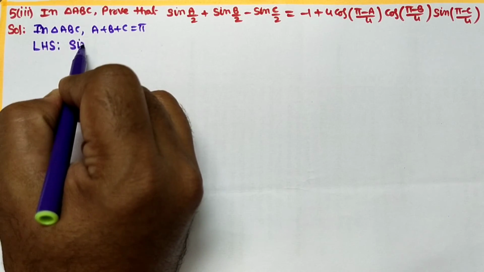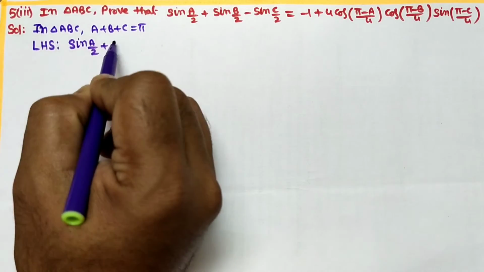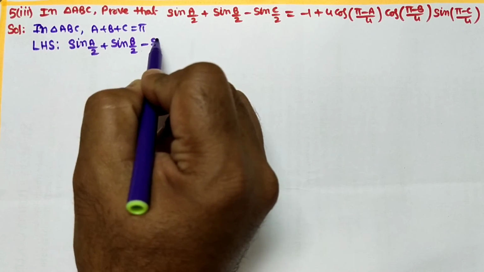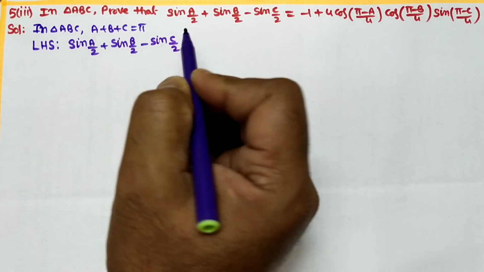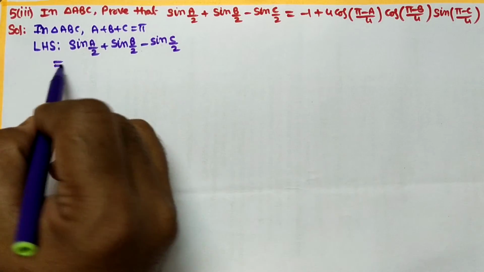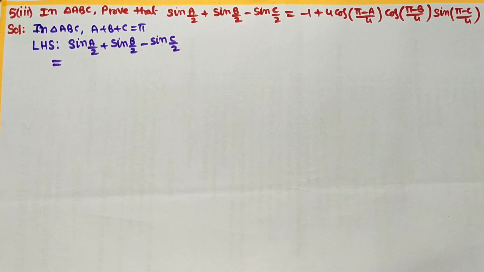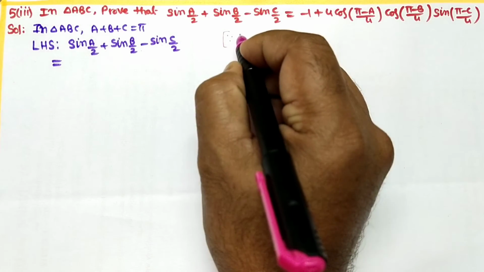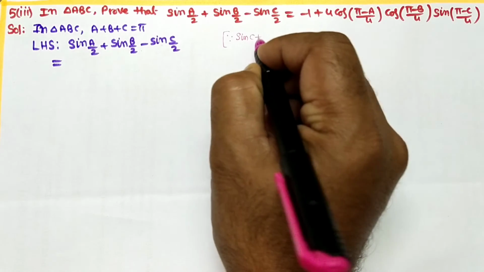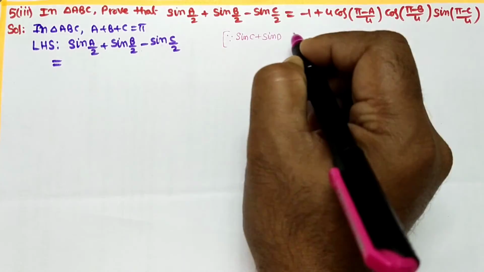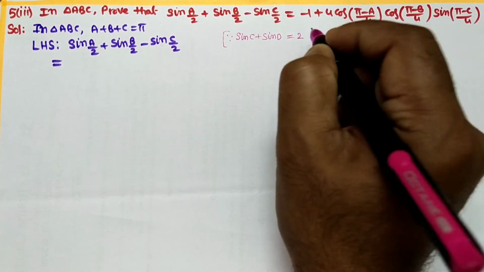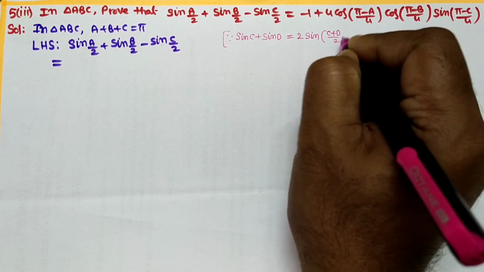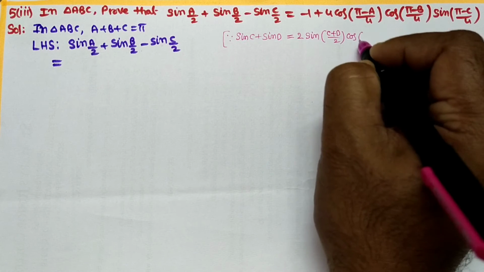Sin A by 2 plus sin B by 2 minus sin C by 2, which is equal to, applying the formula sin C plus sin D equal to 2 sin of (C plus D) by 2 cos of (C minus D) by 2.